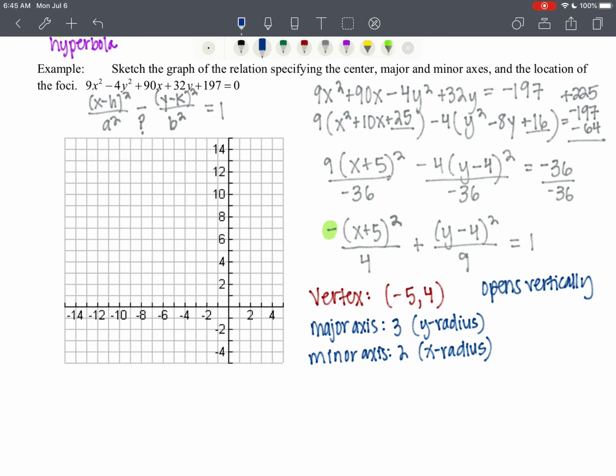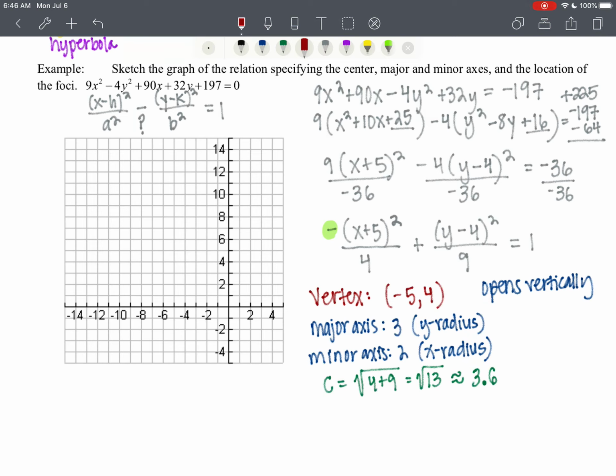And the only difference is major is the longer one and minor is the shorter one. And now we have to figure out what c is. So c is going to be the square root of 4 plus 9, which is 13. The square root of 13 is approximately 3.6.